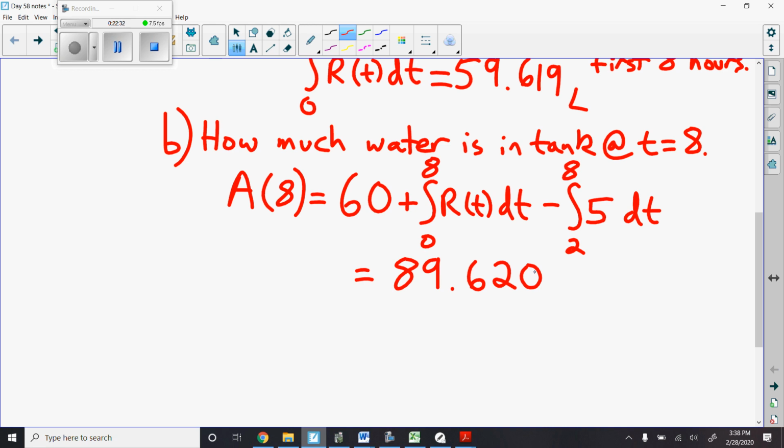Make sure you write the 0. I've talked about this before in class, but you can't just say, oh, it's a 0, I'm just going to drop it and write 89.62. No. It has to be 89.620, or it has to be 89.619. It can't be anything else. Again, our unit here, this is amount of water in the tank, so it'd be in liters.